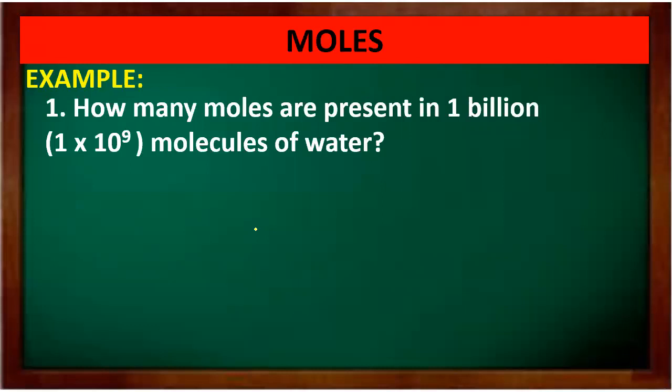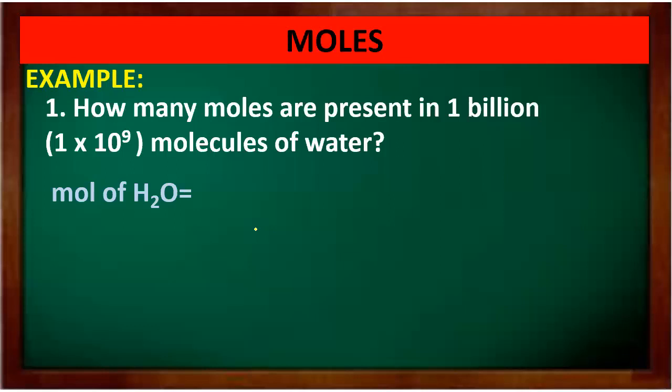So ang katanungan dito, ilang moles ba meron sa 1 billion molecules of water? So yun isosolve natin. So given naman, so ang question is moles. So moles of water ang hahanapin natin. So dito, gagamitin natin yung conversion factor natin na Avogadro's number.